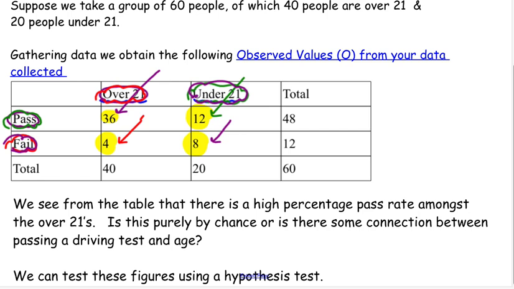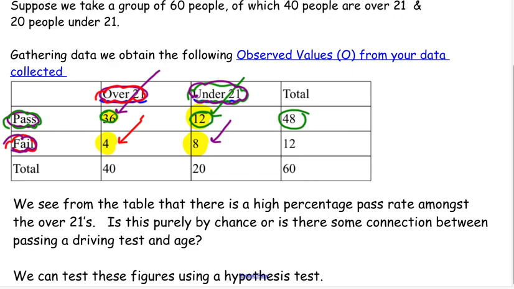So the first thing we're going to do is calculate what should have happened, the expected from a normal distribution. So we're going to do these totals. We're going to add 36 plus 12 together to give us 48. So 48 people out of our sample passed the test the first time.